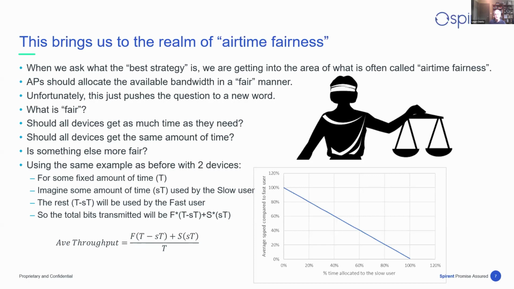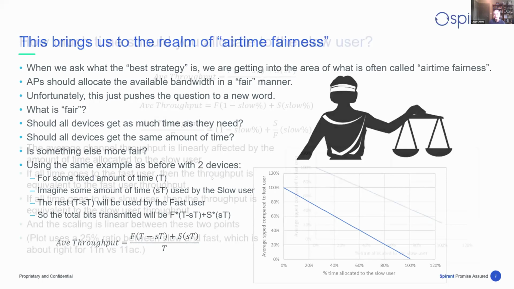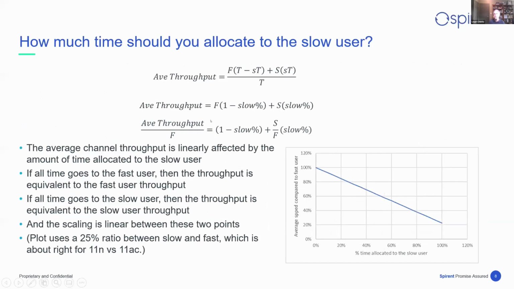You can say it's going to give some amount of time for the slow user, which we call ST, some amount of time for the fast user, which would be the total time minus ST. And then the total bits will be represented this way. It's just the fast data rate and slow data rate times their time. And then the throughput is that number of bits divided by the time, which is T, which you can play around with and reduce to something like this.